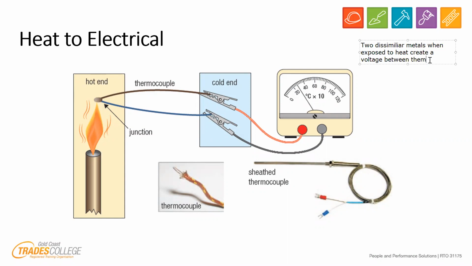Two dissimilar metals, when exposed to heat, create a voltage between them at the hot junction.